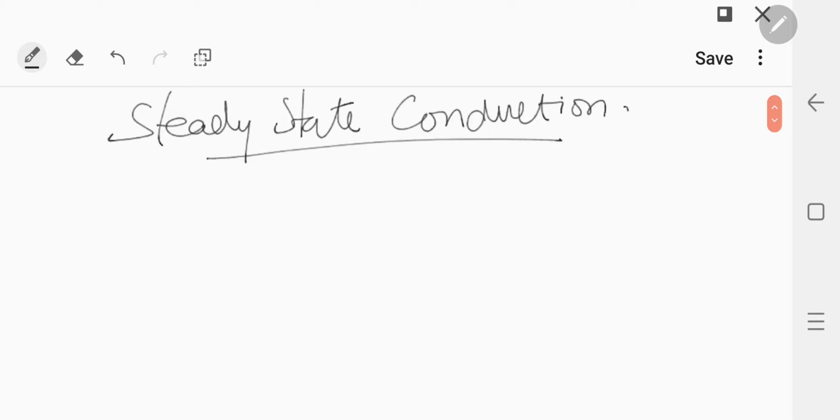Now, we all know what steady state is. Steady state means anything with respect to time is zero. There is no variation of any quantity with respect to time.